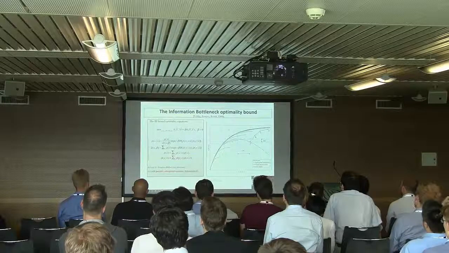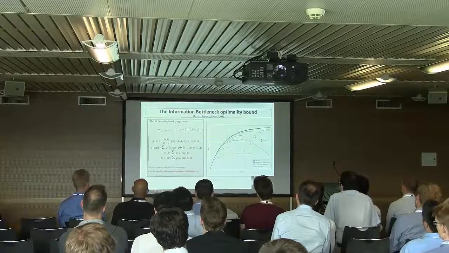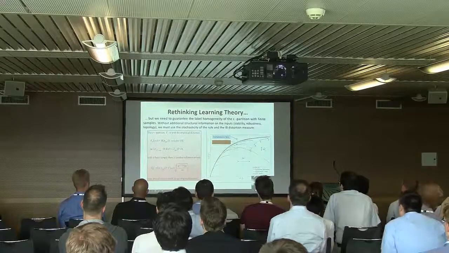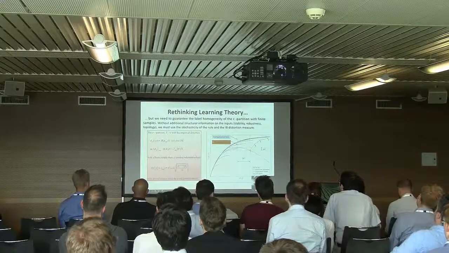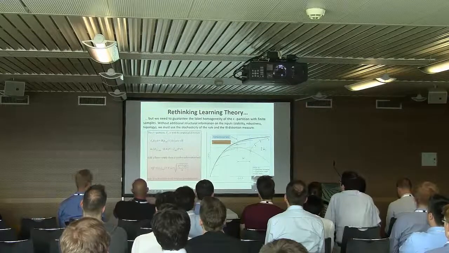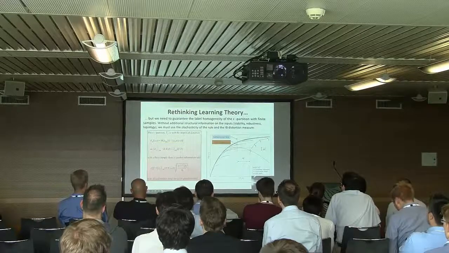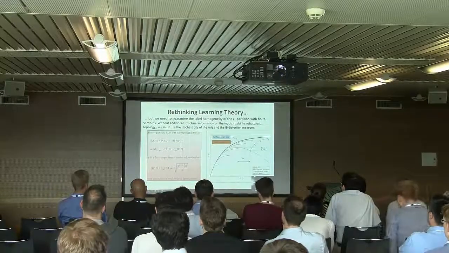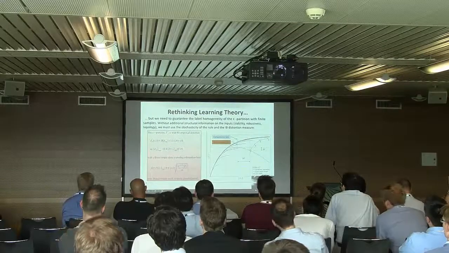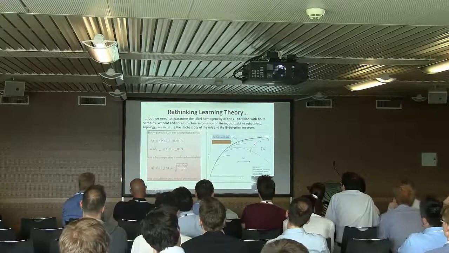But when I have finite data, then the problem dramatically changes. When I have finite data, my ability to estimate the information is dropped by exactly this number again, 2 to the information of the compression divided by the number of examples, which is essentially the difference between the black line here, which is the best I can do with all the data, and the red line here, which is what I can do only with finite data.